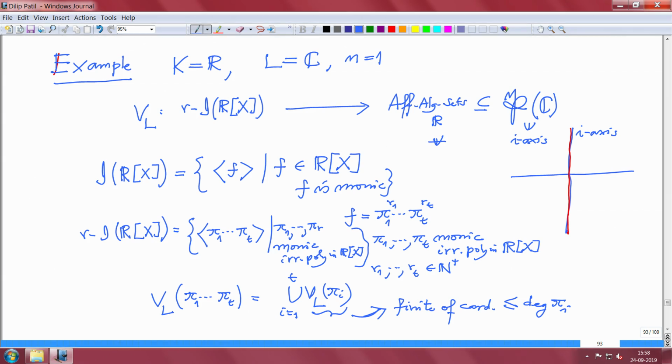There are lots of infinite subsets of complex numbers, they cannot be affine algebraic sets, and so therefore, this map cannot be surjective in general. So, we have to ignore outside this. So, now you can at least ask whether every affine algebraic set, now it is by definition surjective, is coming from some radical ideal.